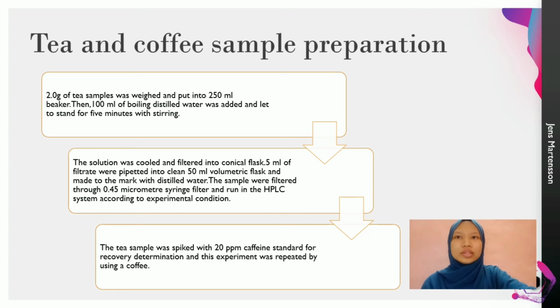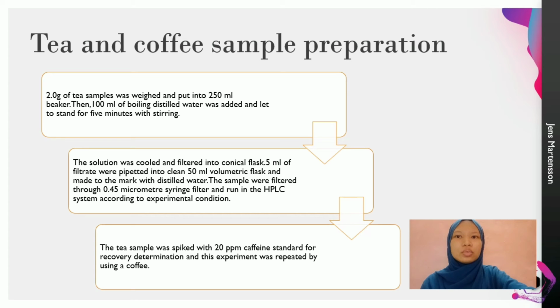Tea and coffee sample preparation. 2 grams of tea sample was weighed and put into a 250 ml beaker. Then 100 ml of boiling distilled water was added and left to stand for 5 minutes with stirring. The solution was cooled and filtered into a conical flask. 5 ml of filtrate was pipetted into a clean 50 ml volumetric flask and made up to the mark with distilled water.